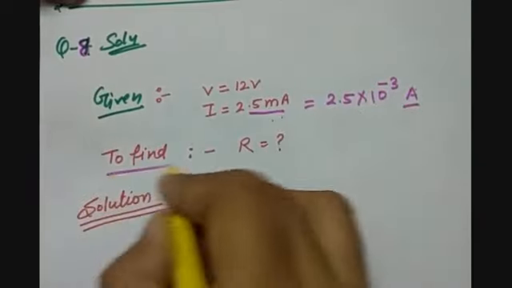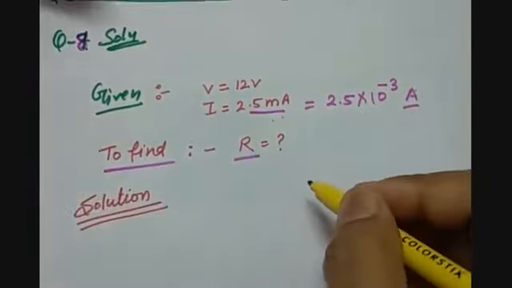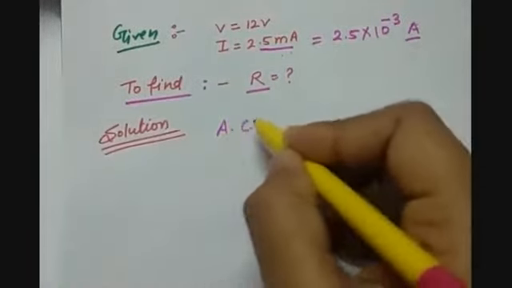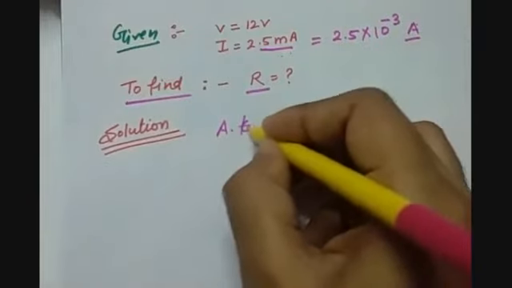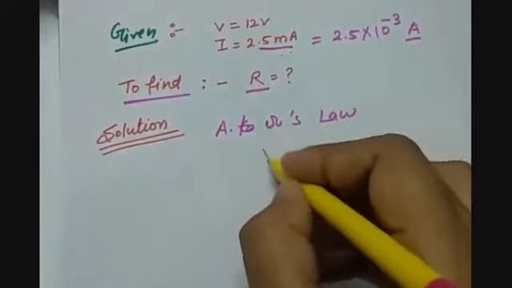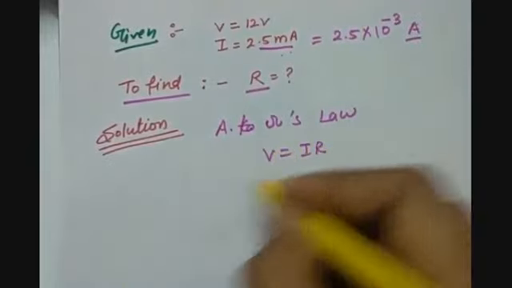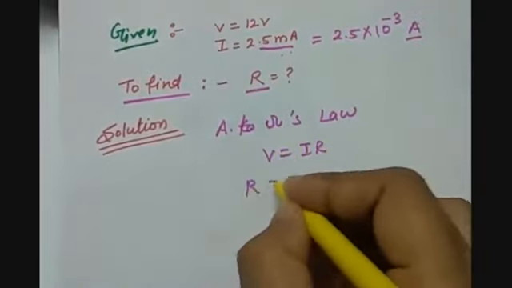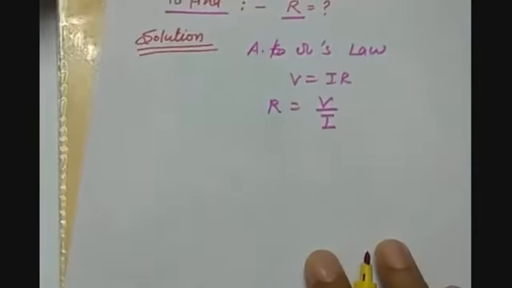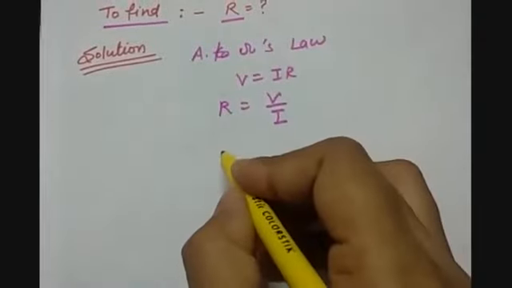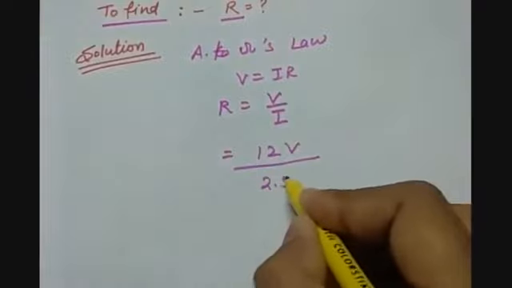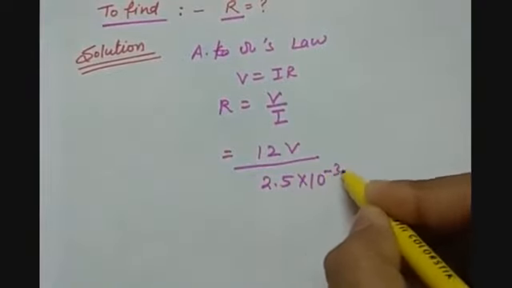So to find the resistance of the resistor, according to Ohm's law, we have V is equal to IR. So R will be V by I. The value of V is given as 12 volt, and current is given as 2.5 into 10 raised to power minus 3 ampere.